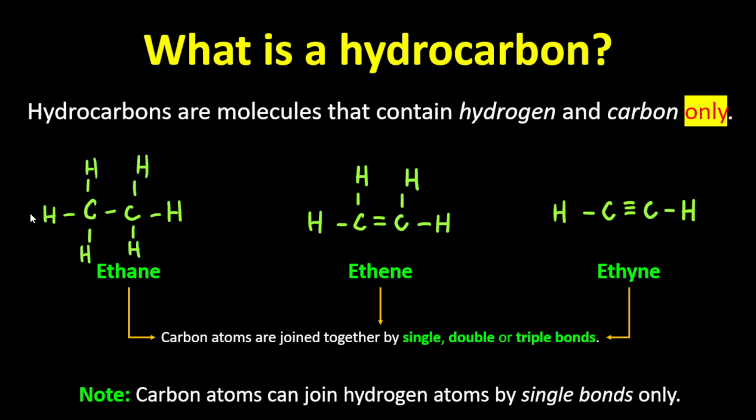The bond between the carbons can be a single bond, double bond, or triple bond. Based on those, their names will be different, which you will learn in a little while. However, you should know that the carbon atoms and the hydrogen atoms can only be joined by single bonds.